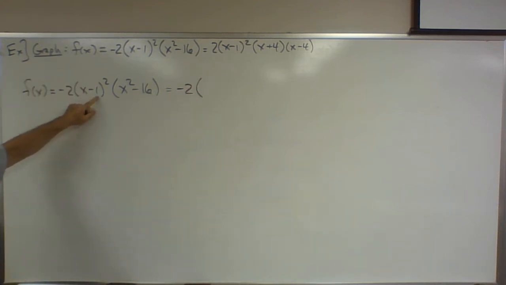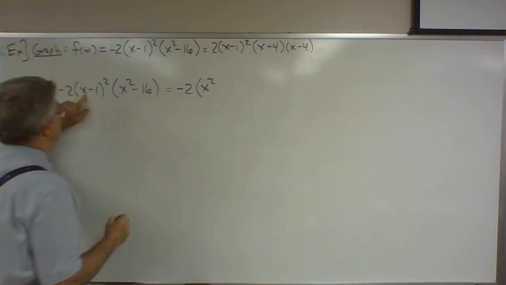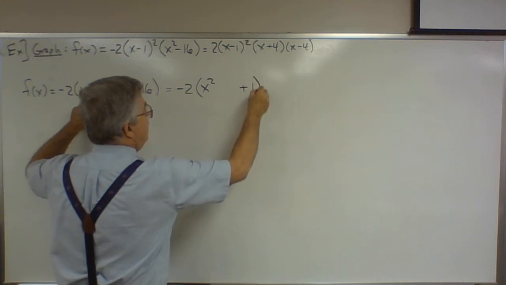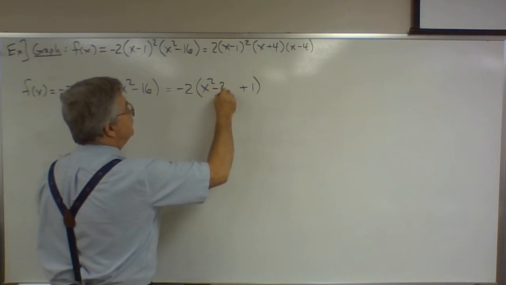X minus 1 squared. I get the first thing squared. I get the second thing squared. And I get the first times the second thing doubled. X times minus 1 is negative x, and I double that, I get minus 2x.